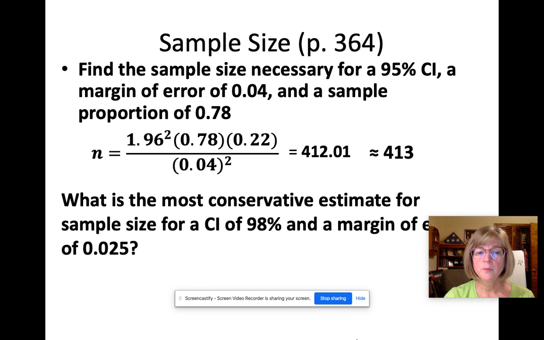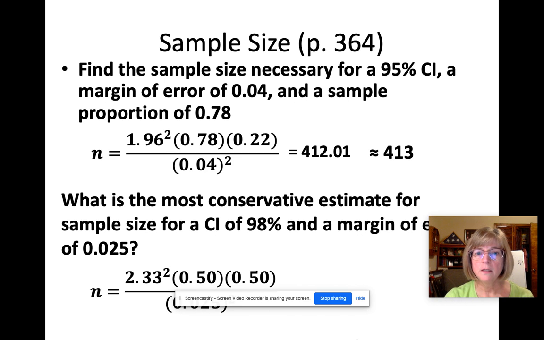So we have our formula, n equals z squared times p-hat times q-hat divided by the margin of error squared. So 2.33 is our z-score because 100% minus 98% leaves us 2% to be split evenly in the tails. And using Desmos or your calculator, the area of 0.01 gives us a z-score of 2.33.